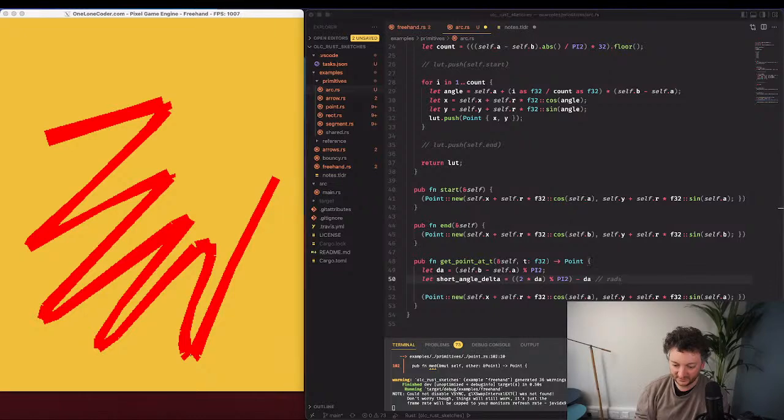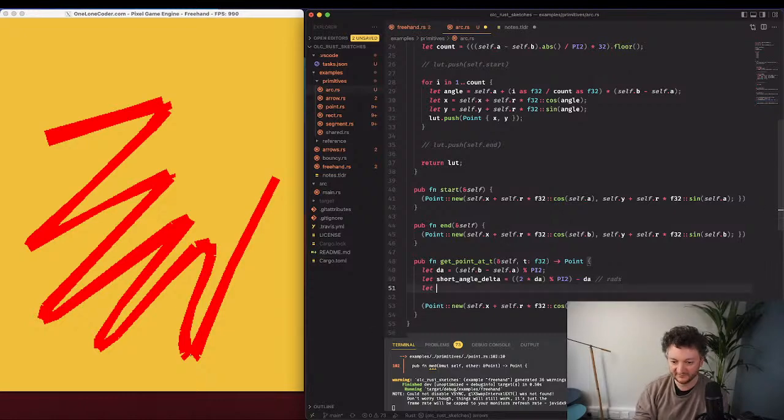Now that we have that, we can figure out the angle of the point T, and that is self.A plus T times, yeah, we need a sweep flag. We get the sweep flag. I think it's whether short angle delta is greater than 0.